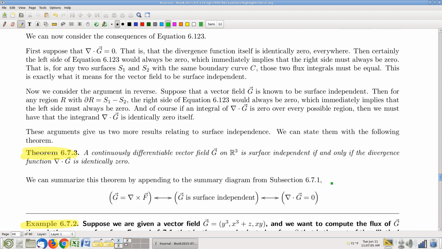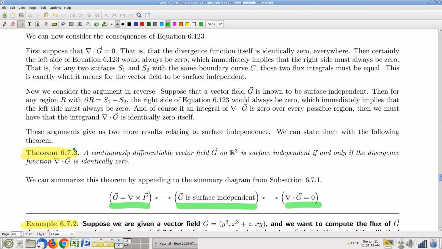Okay. So, here are those three ideas. We already had made the observation that curls were surface independent and surface independent fields were curls, again, assuming everything in sight is appropriately regular. Now we have this third formulation that these are simultaneous with vector fields whose divergence is zero.